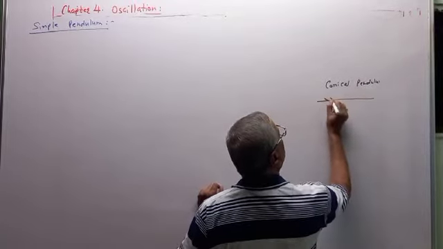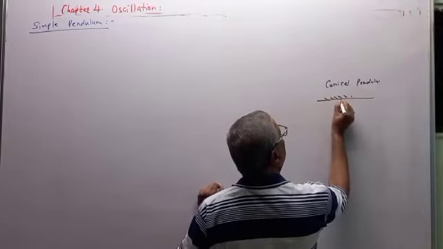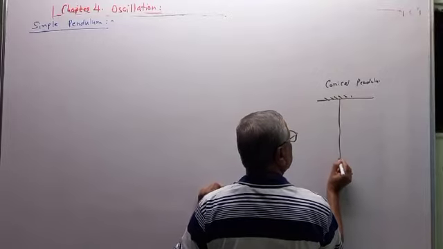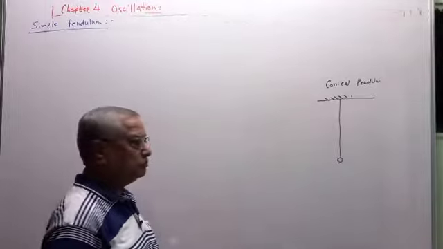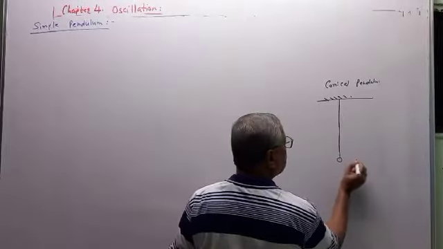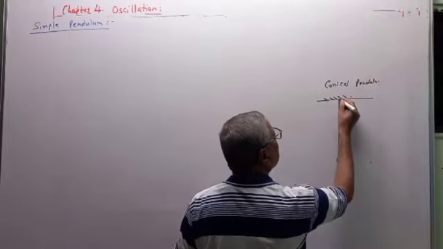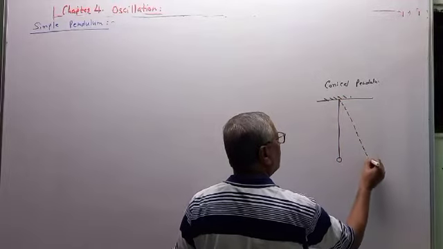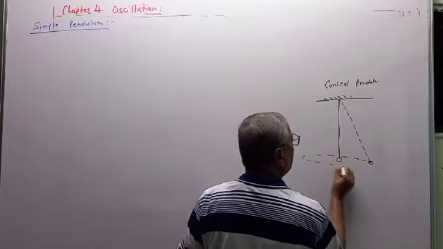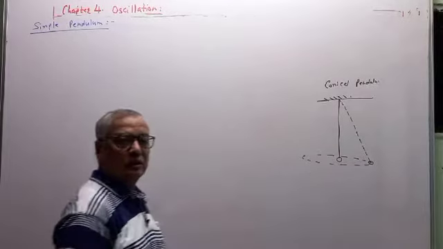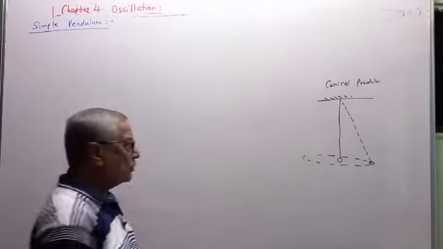There is a rigid support, from a string a heavy bob is suspended, the bob is taken to the same level, and then this bob is whirled in a circular motion.